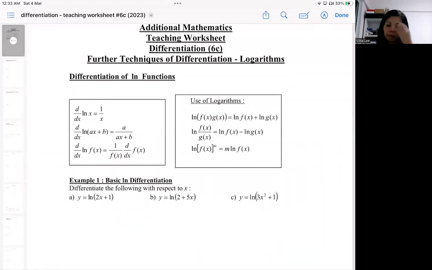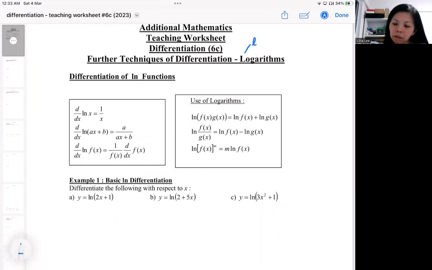Okay, so for this part of the further technique of differentiation, we are focusing on logarithm, but specifically, we are not focusing on LG. We are focusing on natural log, LN. If you still remember, LN is the one with base E. So we are focusing on the natural log.